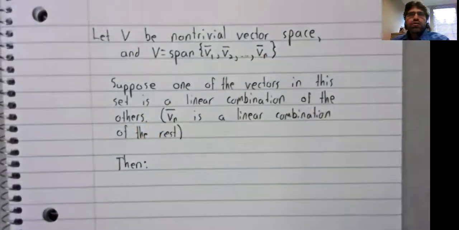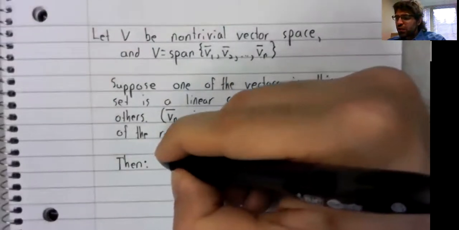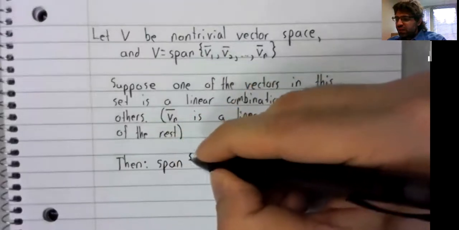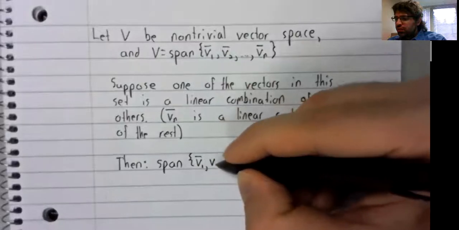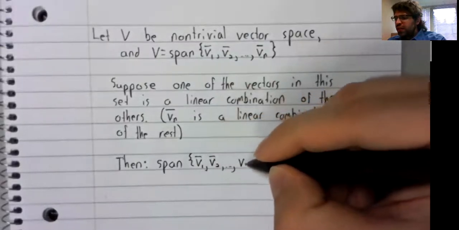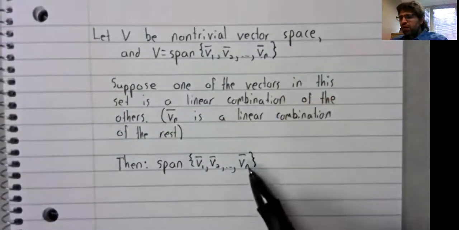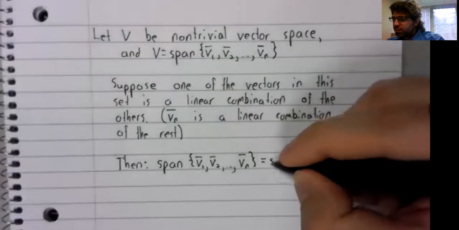So what part one of the spanning set theorem says is, you've got all these vectors, but one of the vectors is a linear combination of the rest.